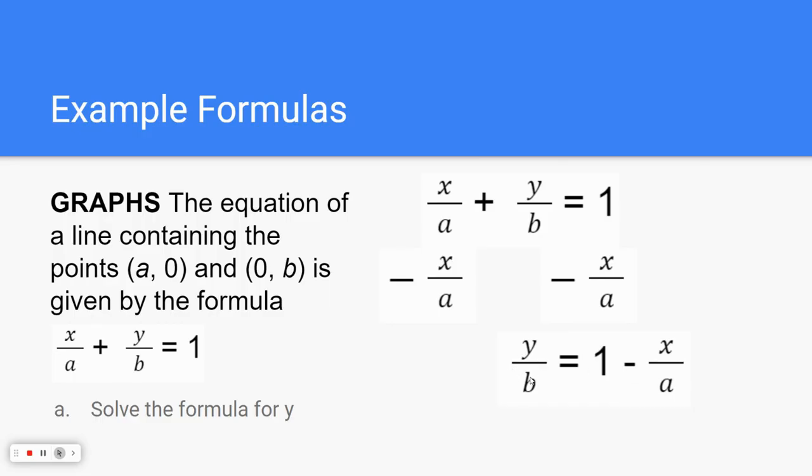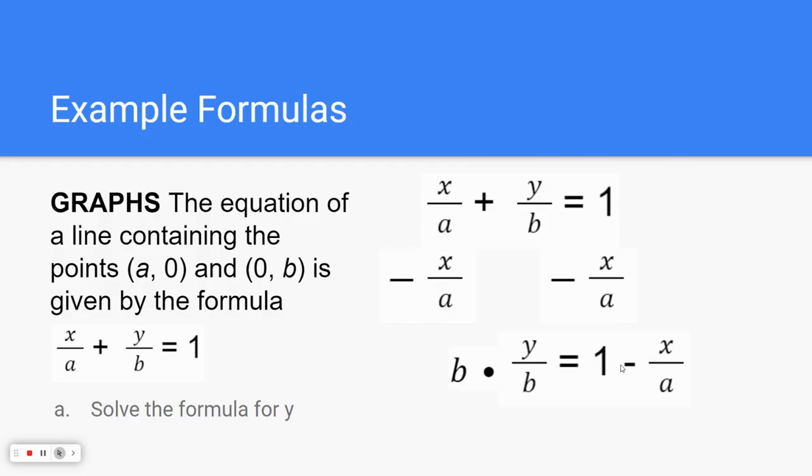Now, we then still have a b to get rid of. We want y by itself. How do I get rid of the b? Well, this is y divided by b, so just as we've been doing, we're going to multiply the left side by b, but we're also going to multiply the right side by b. This is a little different than most of what we've done, because usually when we have these two terms, the 1 and in this case the minus x over a, we've had to divide, and so we just draw the big long fraction bar, put whatever it is on the bottom, and say, hey, I divided everything by, in this case, b.